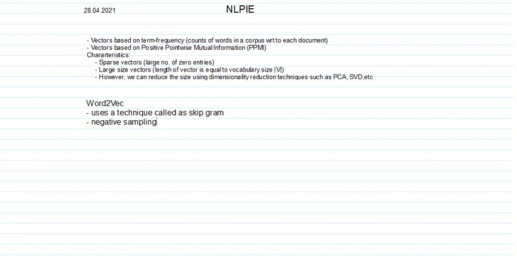In the original paper of word2vec there were two techniques, one is the skipgram model and one is the continuous bag of words model. The skipgram model is the model in which we consider that a word is surrounded by many contexts, so we focus on the target word, right? But in the continuous bag of words model, we focus on the context as well.